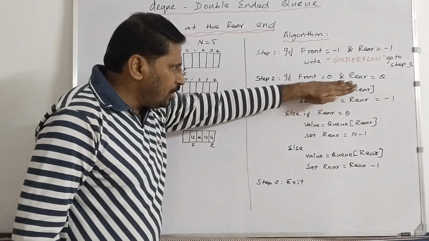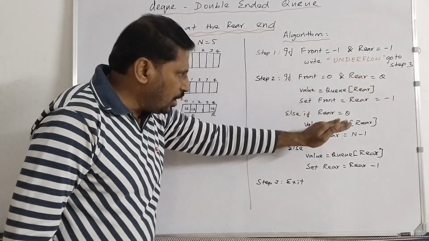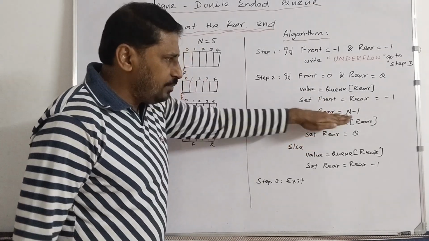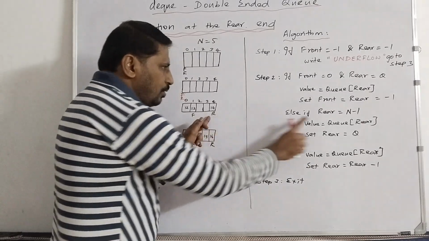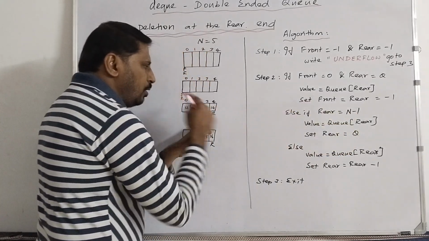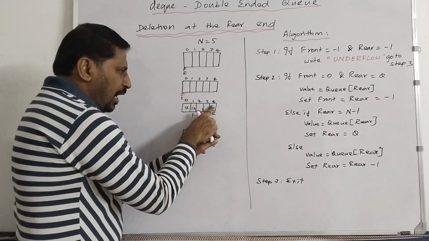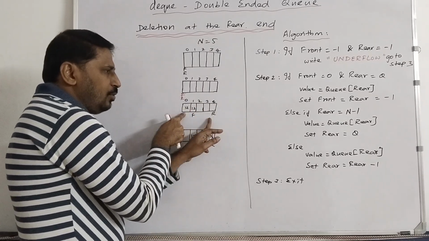Suppose this is not the condition, that is, front is not 0 or rear is not equal to 0, then the control comes here. The second condition is else if rear equals n-1. So this is the scenario: rear is in the n-1 position. At that time, I am going to delete that item. After deleting the item, rear has to come to the 0th position.